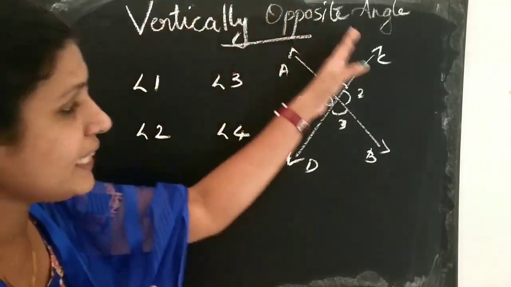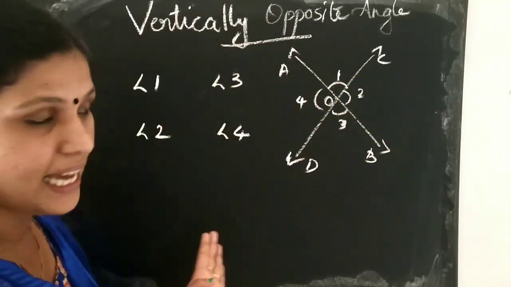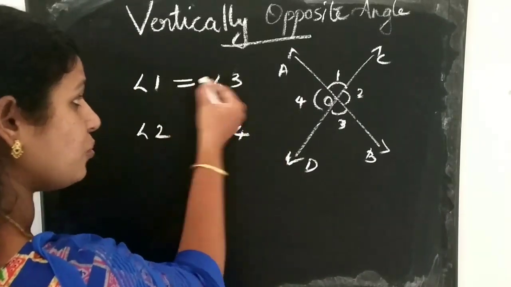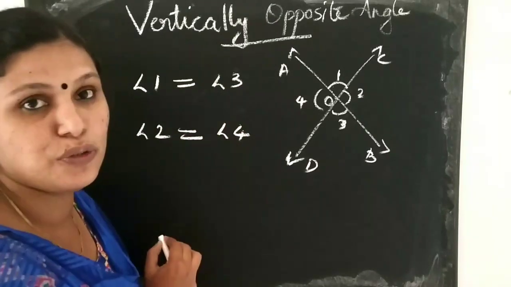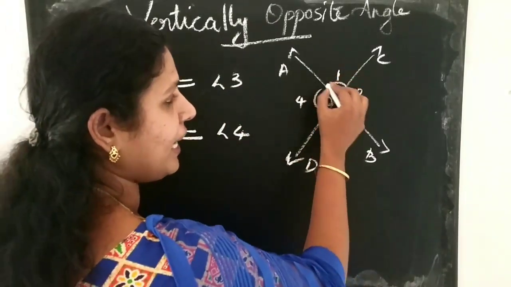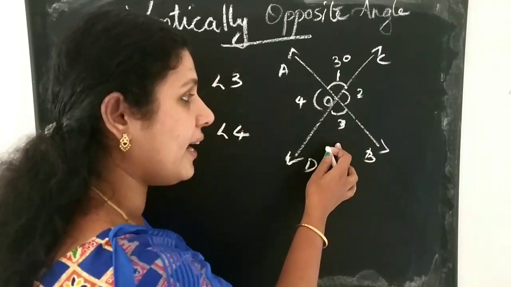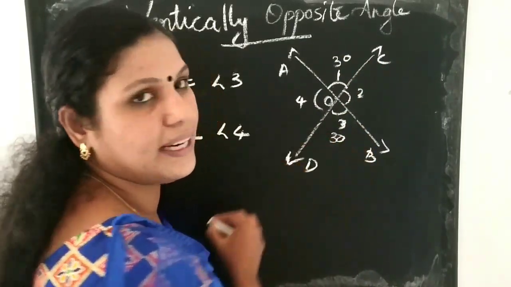See, children, the condition for vertically opposite angles is that they are equal. That is, angle 1 equals angle 3 and angle 2 equals angle 4. Suppose angle 1 is 30 degrees, then angle 3 is also 30.